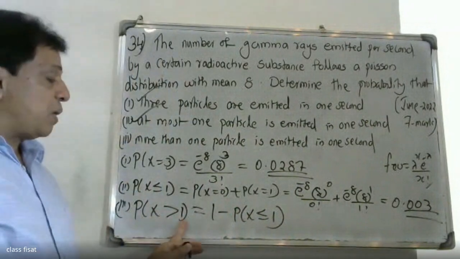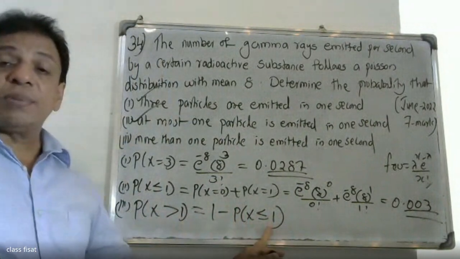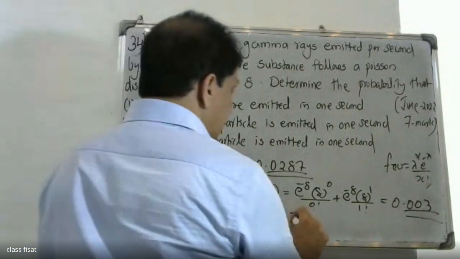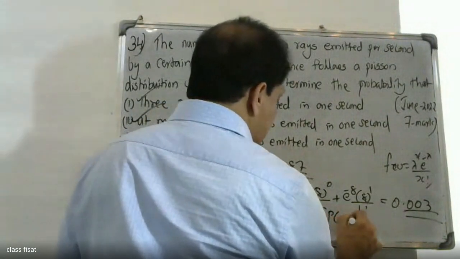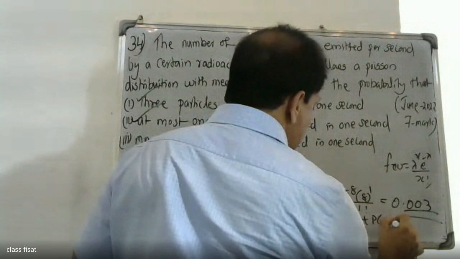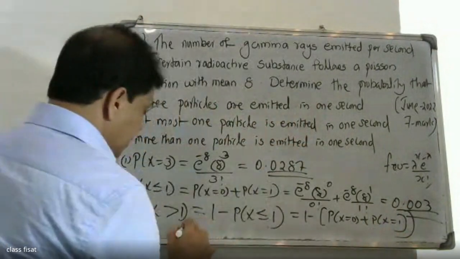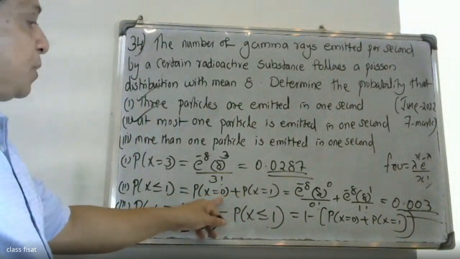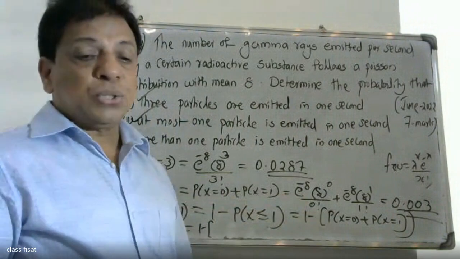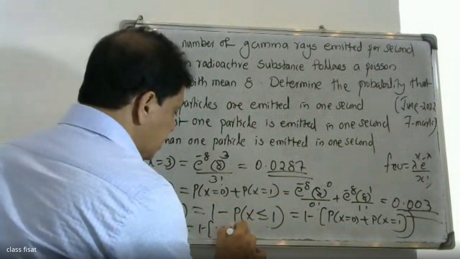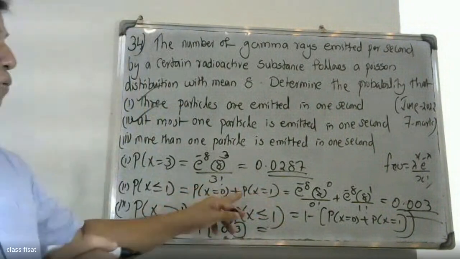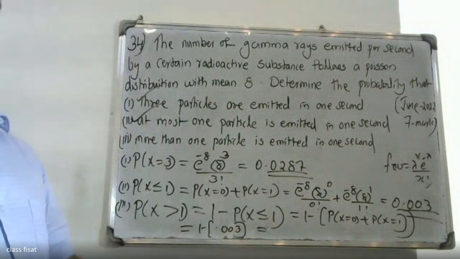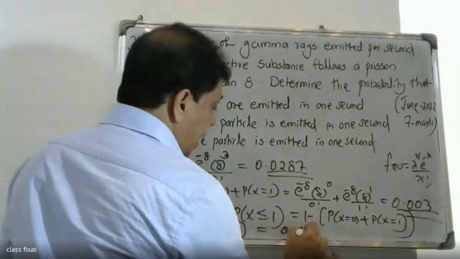The probability of x greater than 1 and the probability of x less than or equal to 1 add up to 1, by the definition of probability. So it is 1 minus the probability of x equal to 0 plus the probability of x equal to 1. Substituting, the answer is 1 minus 0.003, which is 0.997.